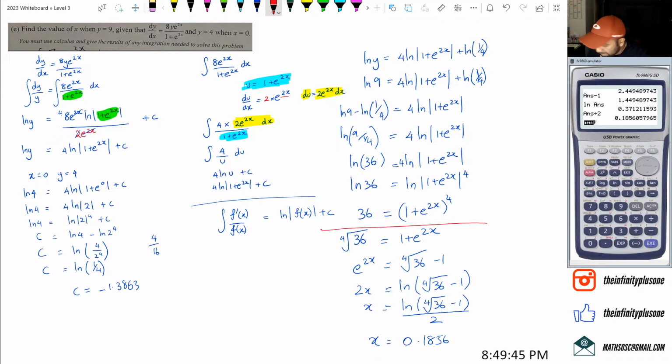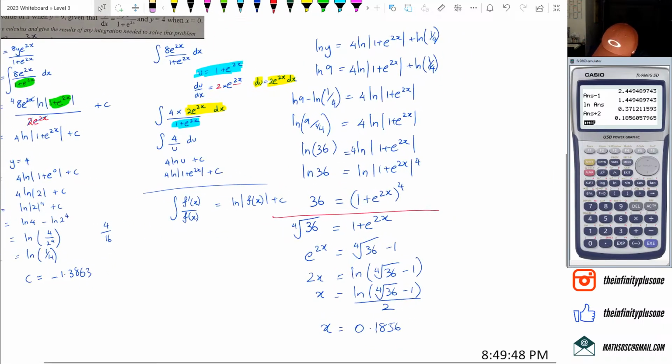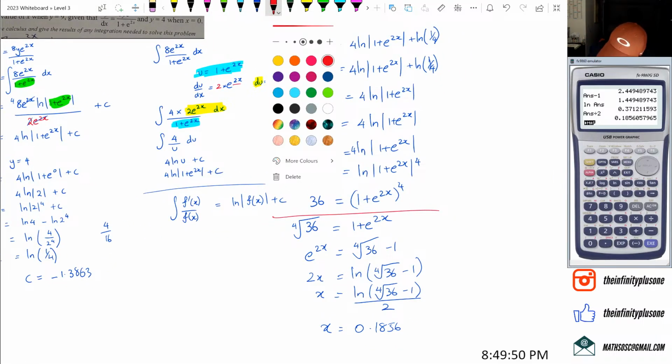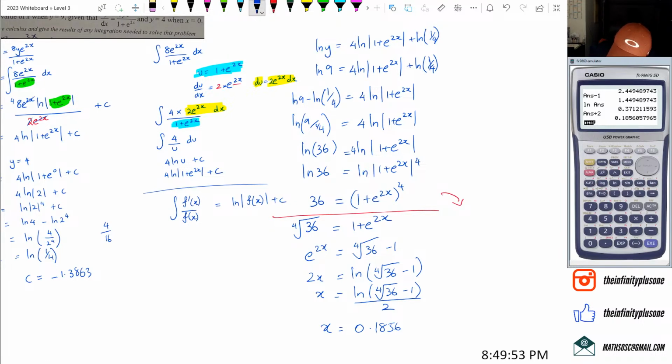Okay, so Abhi, from this step here, I actually want to get rid of the 4. If I want to get rid of the 4, I've got to multiply the powers by a quarter. And so that's what I did. So I'm going to get 36 to the power of a quarter equals 1 plus e to the power of 2x. Now 36 to the power of a quarter could be written as the fourth root of 36 to the power of 1. So instead of writing the 1, I just left it as is.